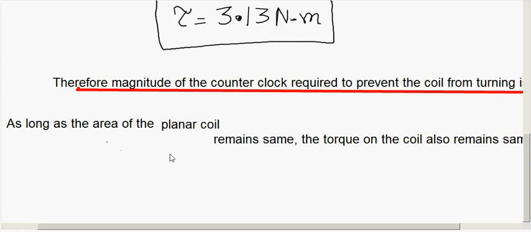So our answer will not change as long as the area of the coil and also the other quantities remain same. Hope you understood this problem.